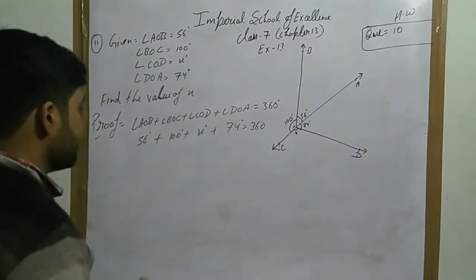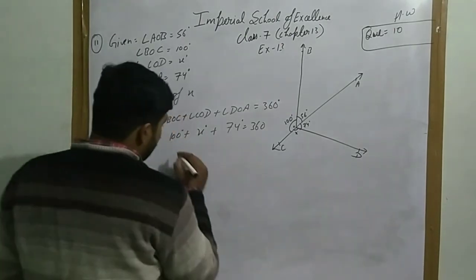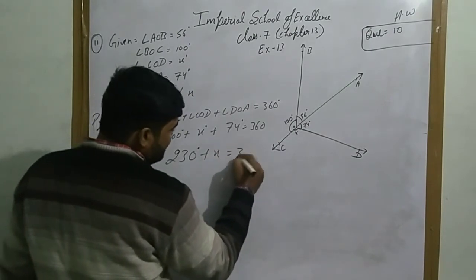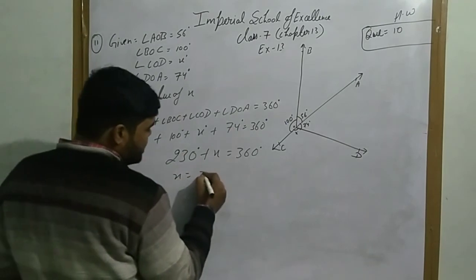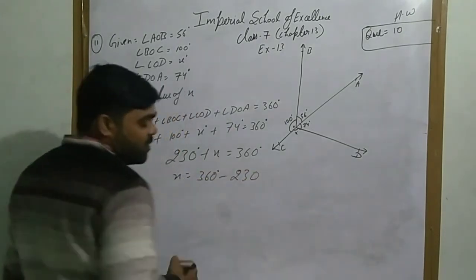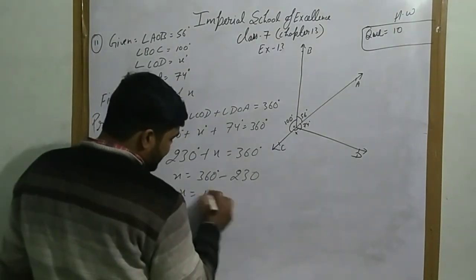When you add 56, 100 and 74 it will be 230. 230 degrees plus X equals 360 degrees. So X equals 360 minus 230. When you subtract, your answer will be X equals 130 degrees.